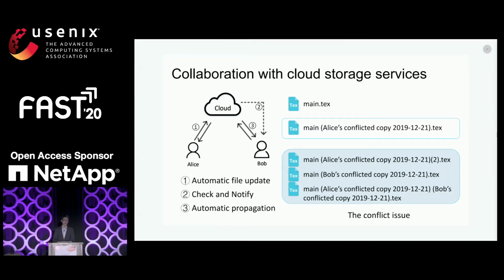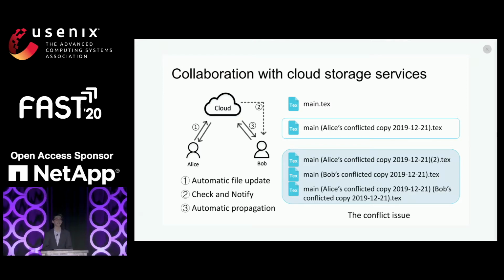But as we know, collaboration will inevitably introduce conflicts. Instead of letting users learn complex diff and merge instructions, all current cloud storage systems use their own mechanisms to resolve conflicts transparently. But unfortunately, their methods do not work well in practice.